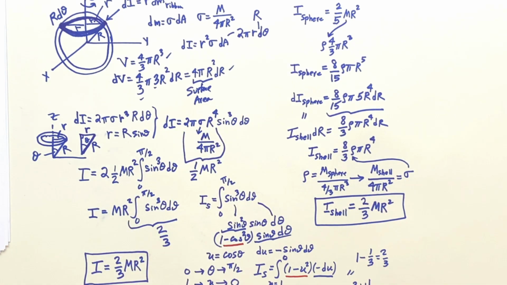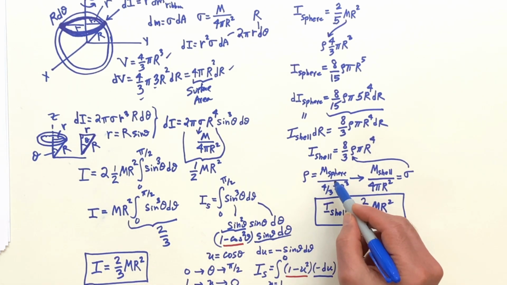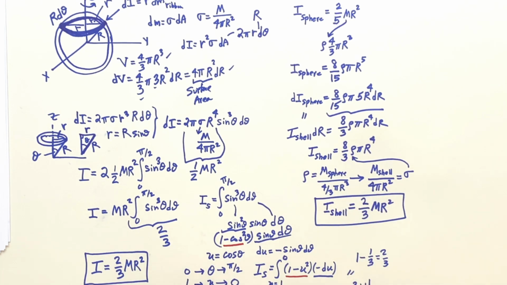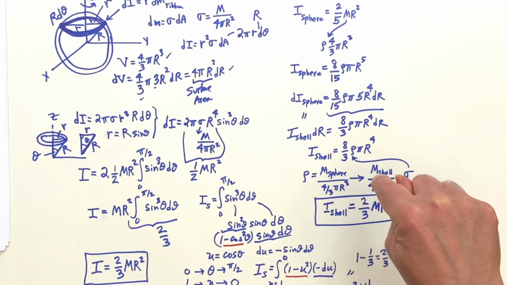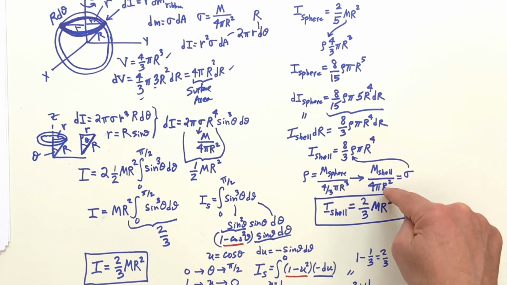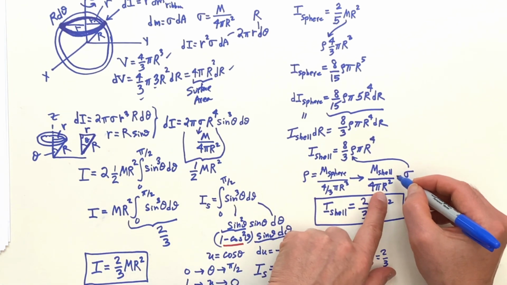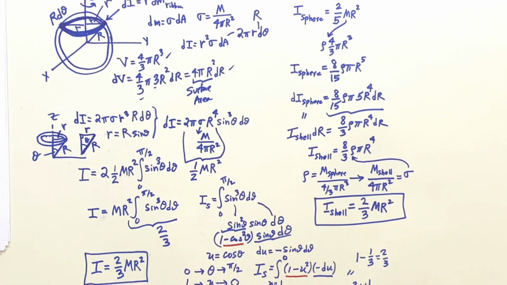But now be careful with the shell. We no longer have the density of this for the sphere, we have the density for the shell. And we want to replace the mass of the sphere with the mass of the shell in our final answer. And the r is going to be the same. So we have the r there, but it's 4 pi r squared for your area density. And then when you plug that in, it pops right out, the 2/3 mr squared.